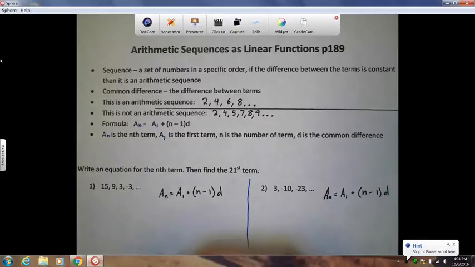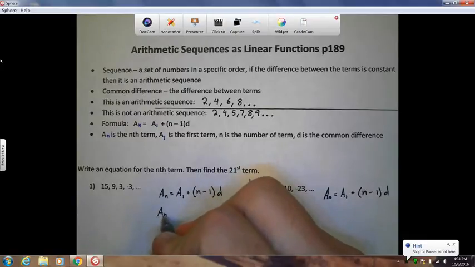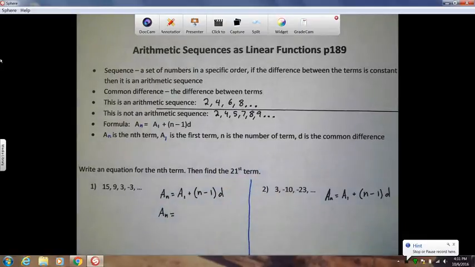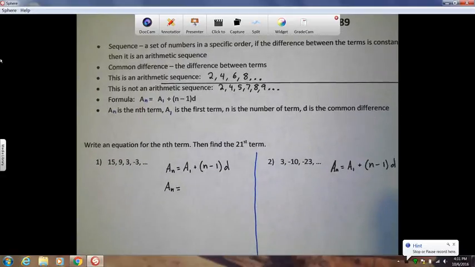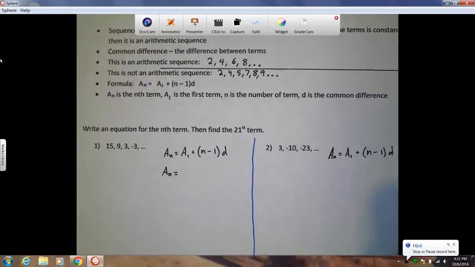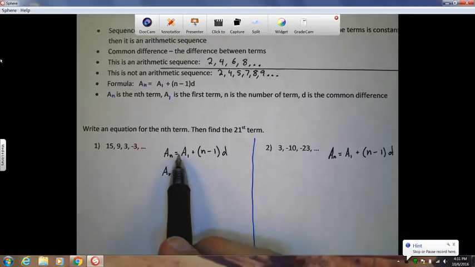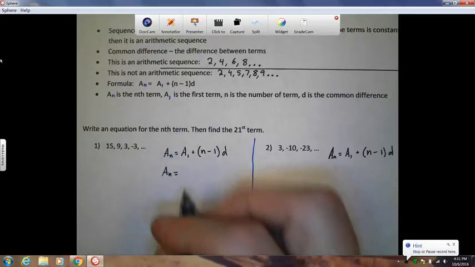I'm not going to change that because I'm trying to write a formula for the nth term, so that stays. A sub 1 is the first term, so my first term is 15.